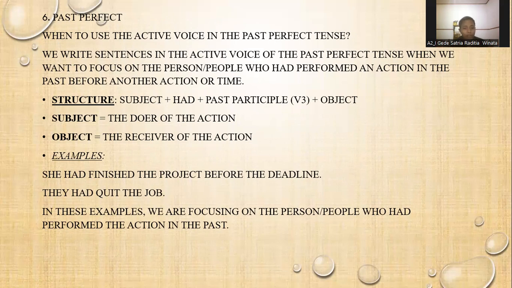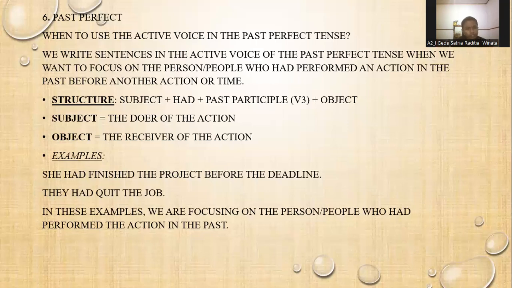Subject is the doer of the action, the person or people. Adverb of time marks the action. Object is the receiver of the action.